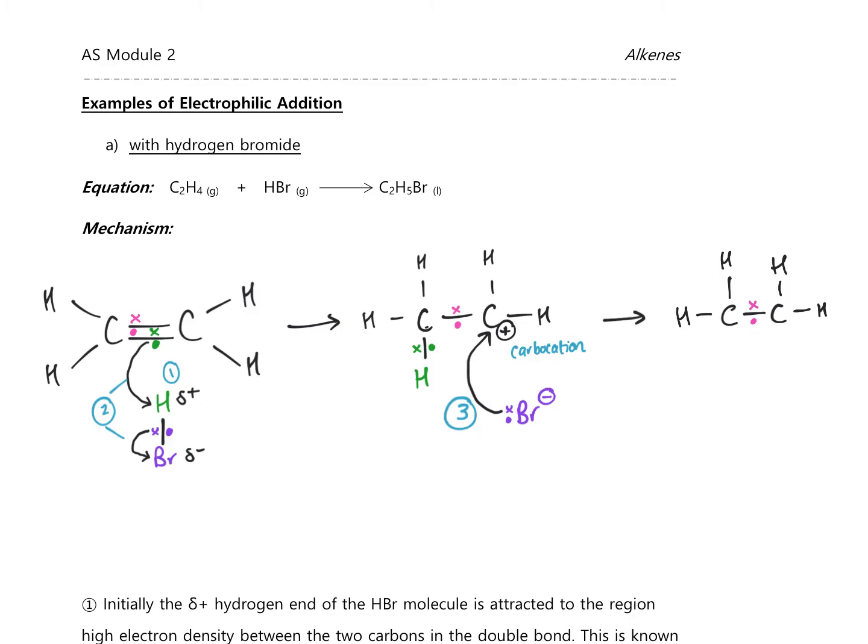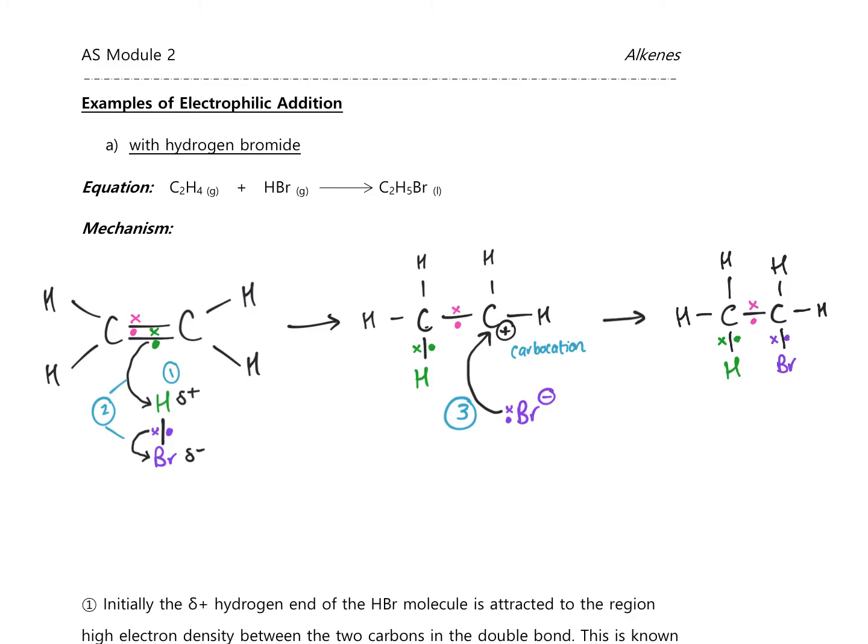And then what we also had in our previous step was the carbon bonded to the hydrogen, which came from the electrophile. We represented that with a green pair of electrons. And then now what we formed is a bond between our carbon and our bromine, and we formed that with the purple pair of electrons.